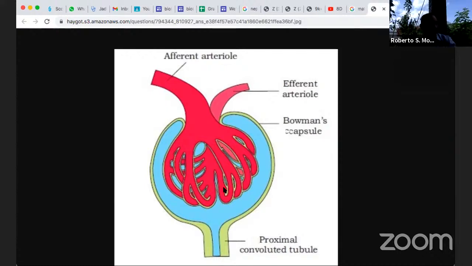And yes, the substances that will be kicked out in the glomerulus in this process are mainly wastes, yeah, waste products or unwanted products or hazardous or toxic substances. Yeah, kicked out. So the unwanted or wastes will be kicked out.